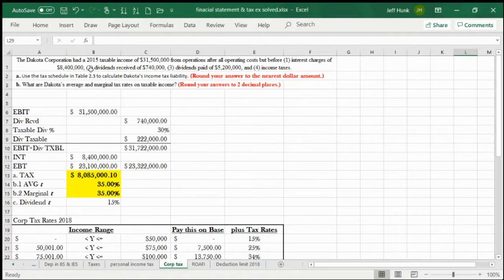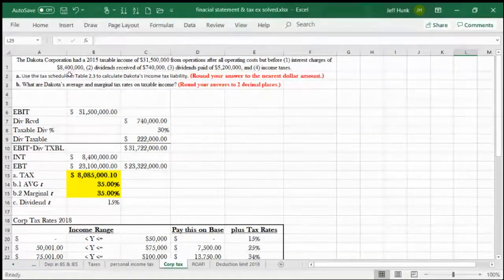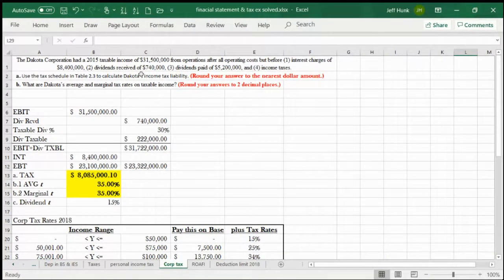The Dakota Corporation had a 2015 taxable income of 31,500,000. So that's from operation after all operating cost, but before interest charges of 8.4 million and dividends.